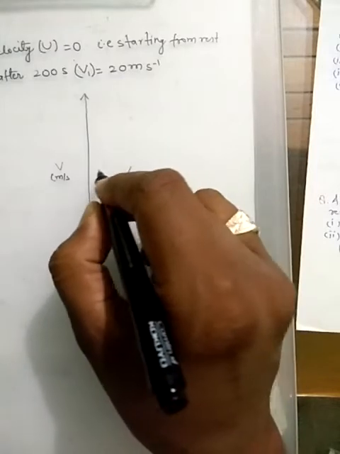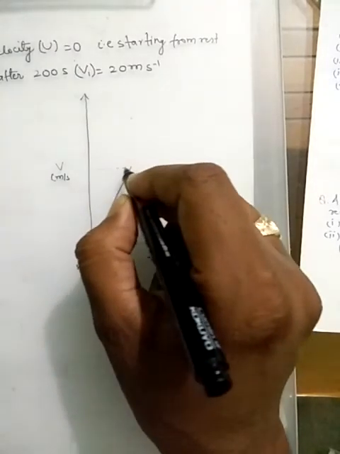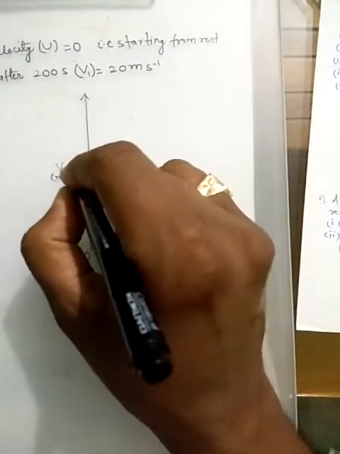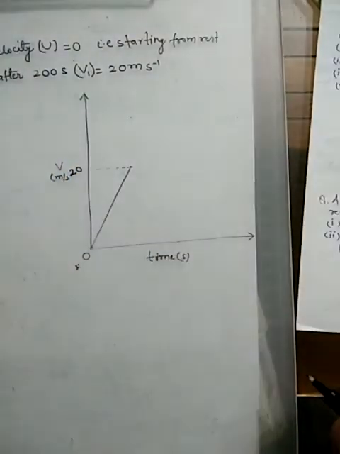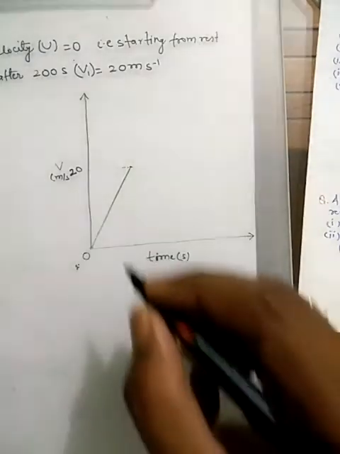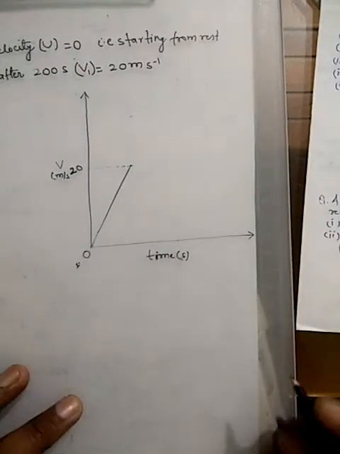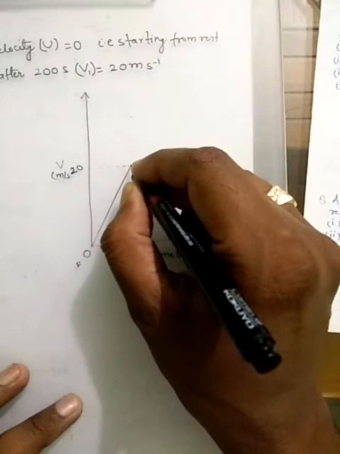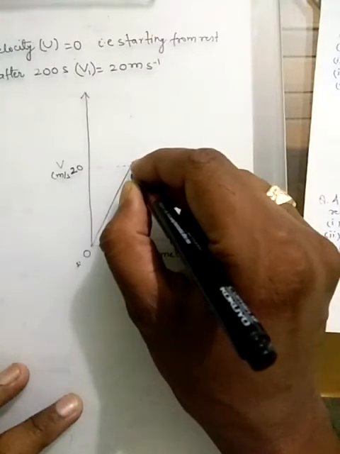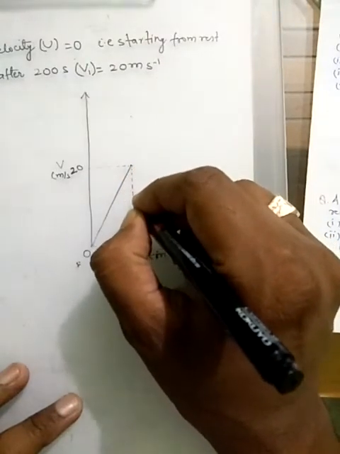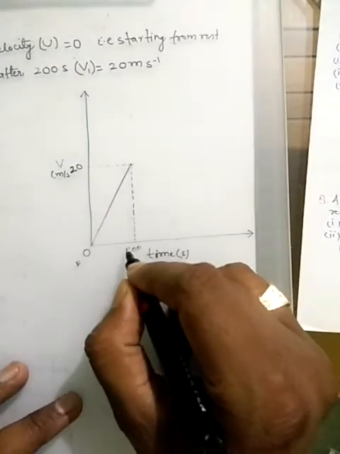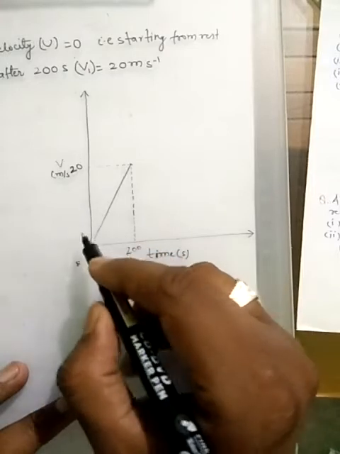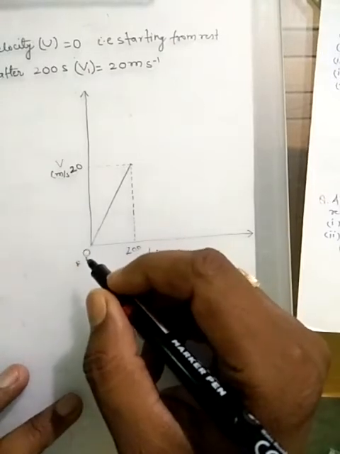Therefore, this is the velocity of 20 meter per second, and the time required to reach 20 meter per second is 200 seconds, to go from 0 to 20 meter per second.